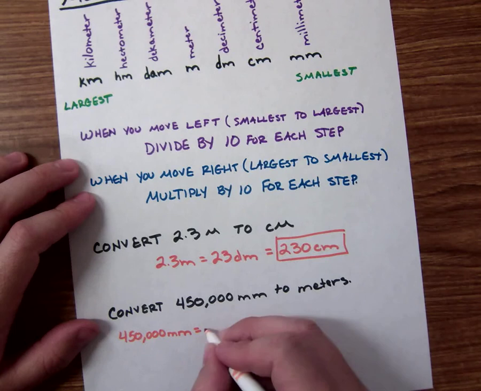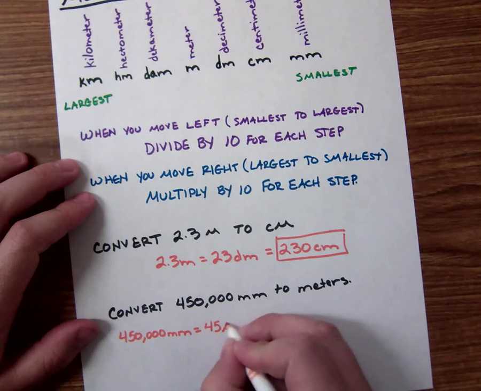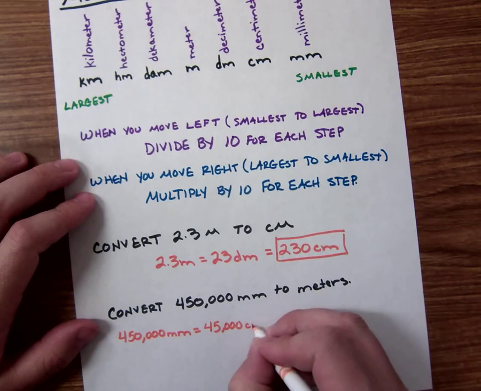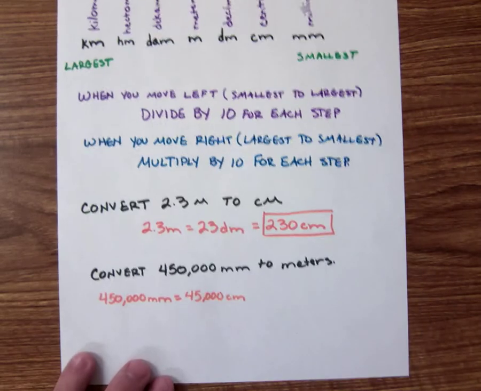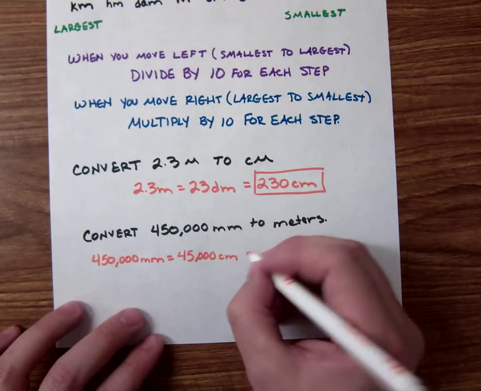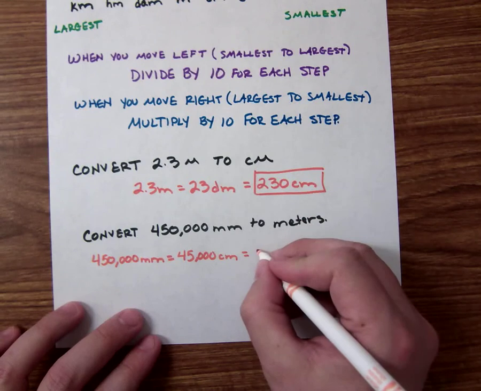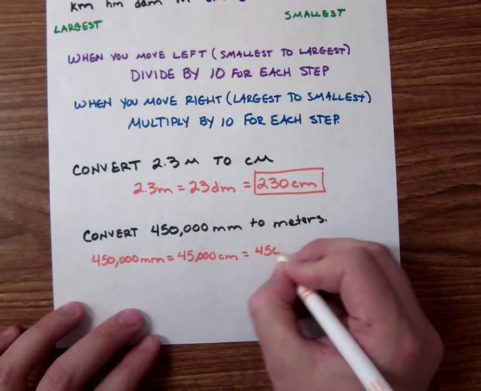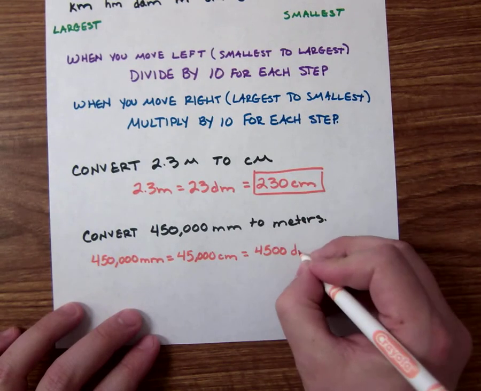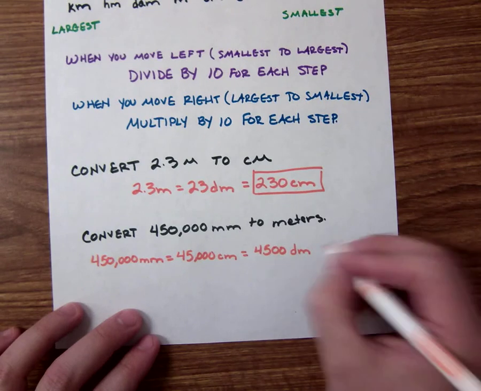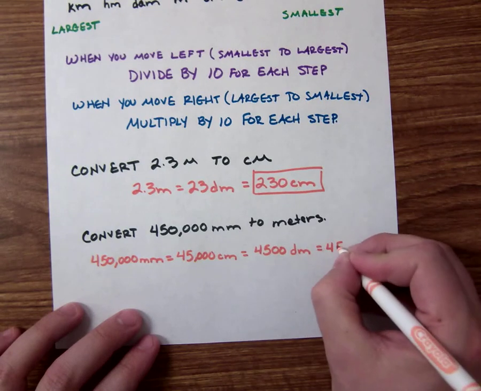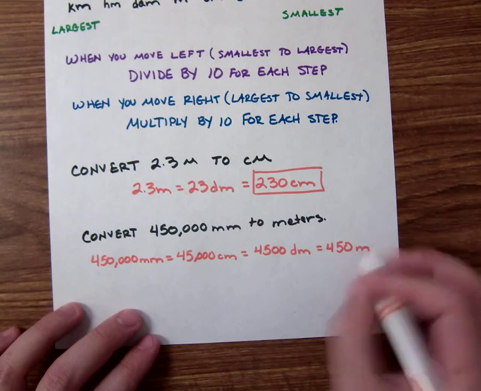Just lop off a 0, right? So 45,000 centimeters. That's if I go left 1 time, I'm at centimeters. Okay, I don't want centimeters though, so let's keep going. Let's lop off another 0. That's 4,500 decimeters. And if I divide by 10 one more time, I get 450 meters.